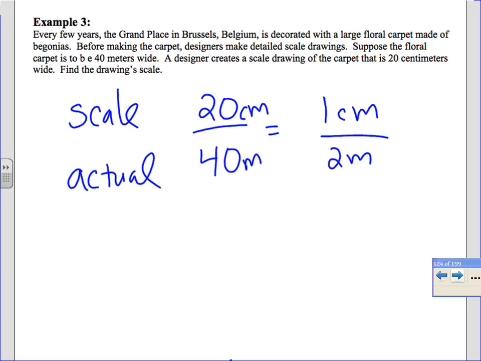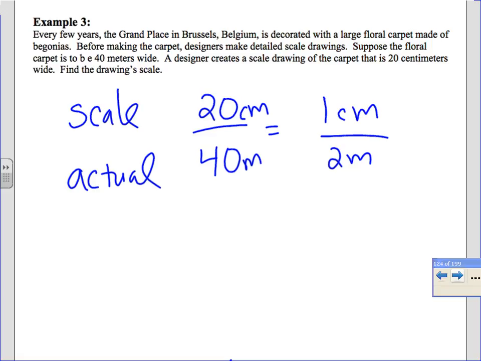The next one you'll see is a little different. All we did was take what the scale was and what they want the actual carpet to be. We're just finding the scale as a ratio. So scale over actual, and then we just reduced it. It's too easy, that's the problem.